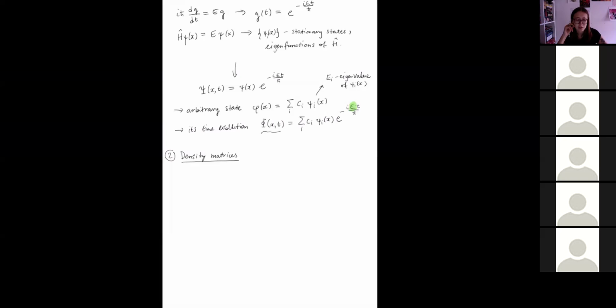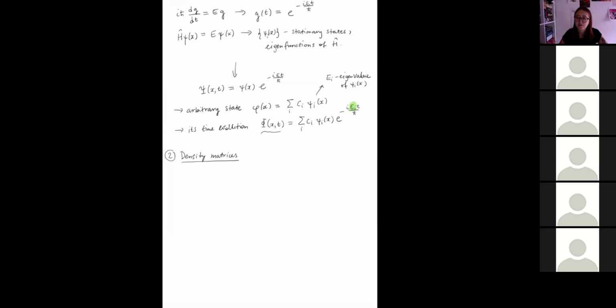That's the question. What we would like is some kind of machinery which would allow us to develop a theory of states that also combines randomness with quantum mechanics. So for example, we would like to be able to describe the following quantum mechanical situation.